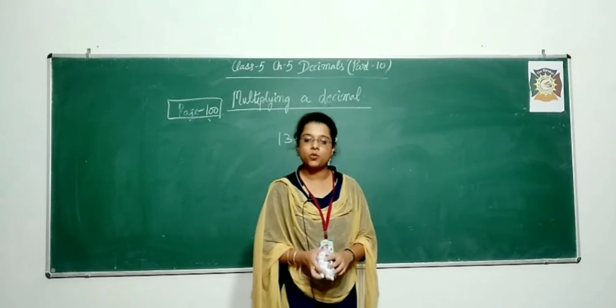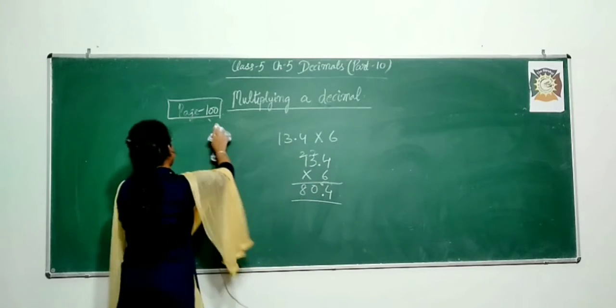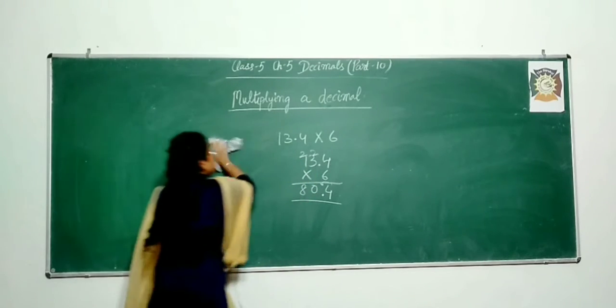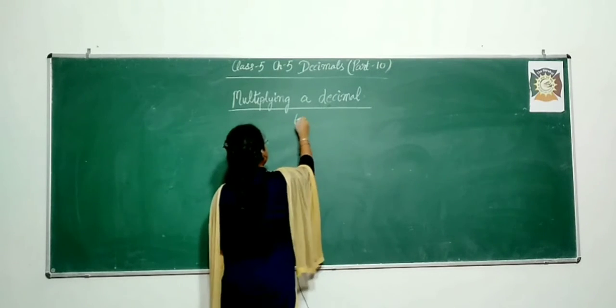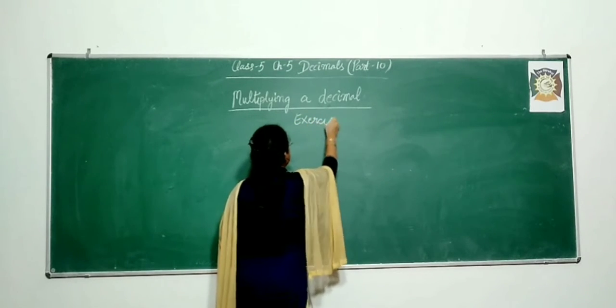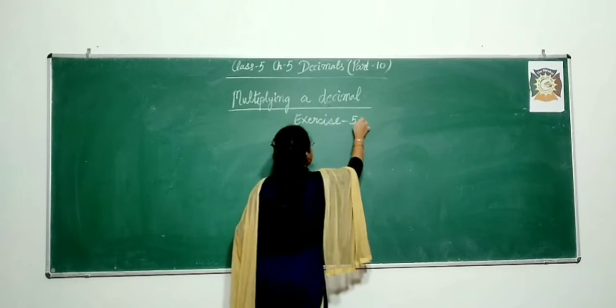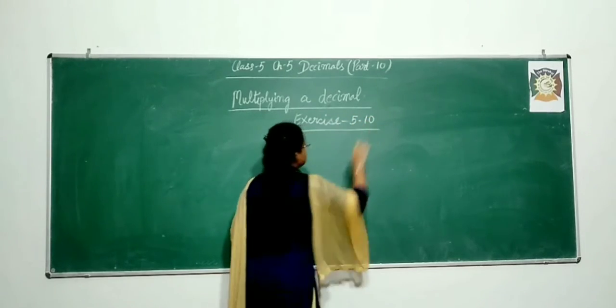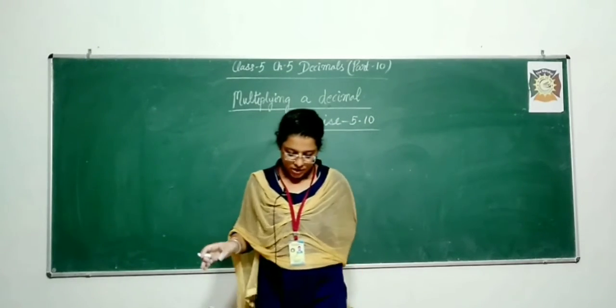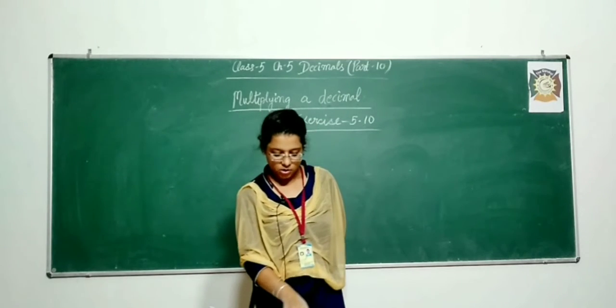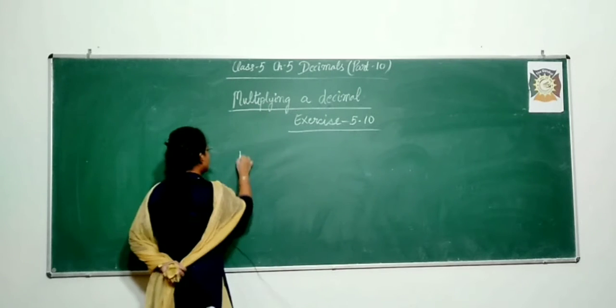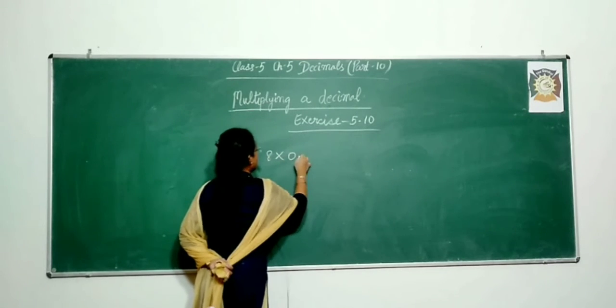Next, let's do some exercise questions, that is exercise 5.10, which is on multiplication. The first question in exercise 5.10 is, put a decimal point at the correct place in the given product. You are given 8 into 1.2 equal to 16.